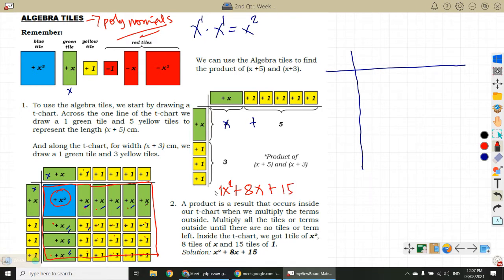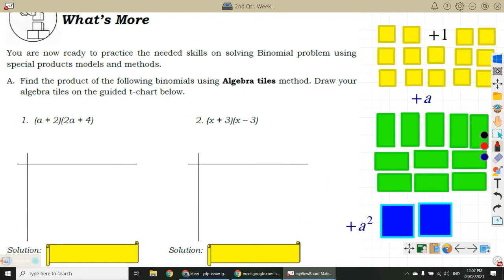Yung 1, di na natin yan inilalagay since 1 lang yan. Okay, the final answer will be x squared plus 8x plus 15. Now, nakita natin physically kung anong mangyayari. What if it is represented this way?